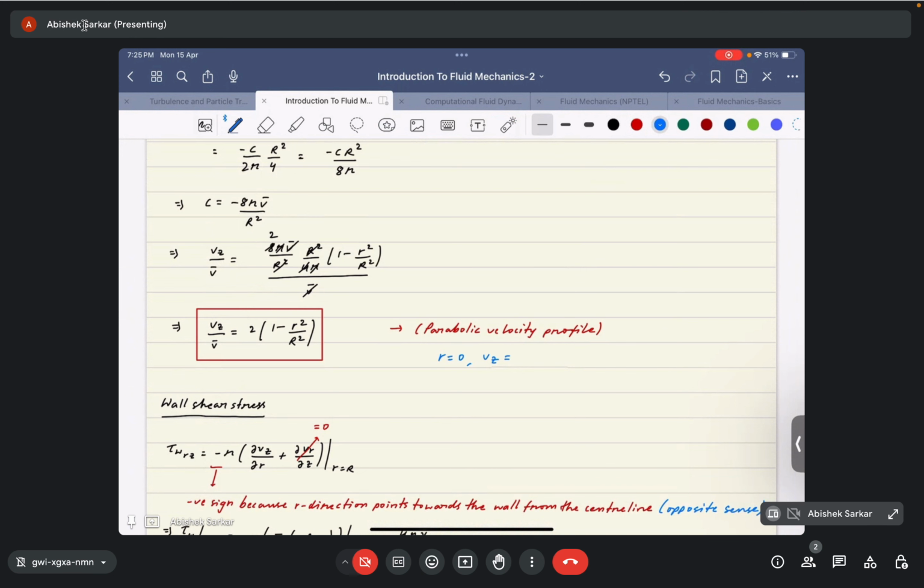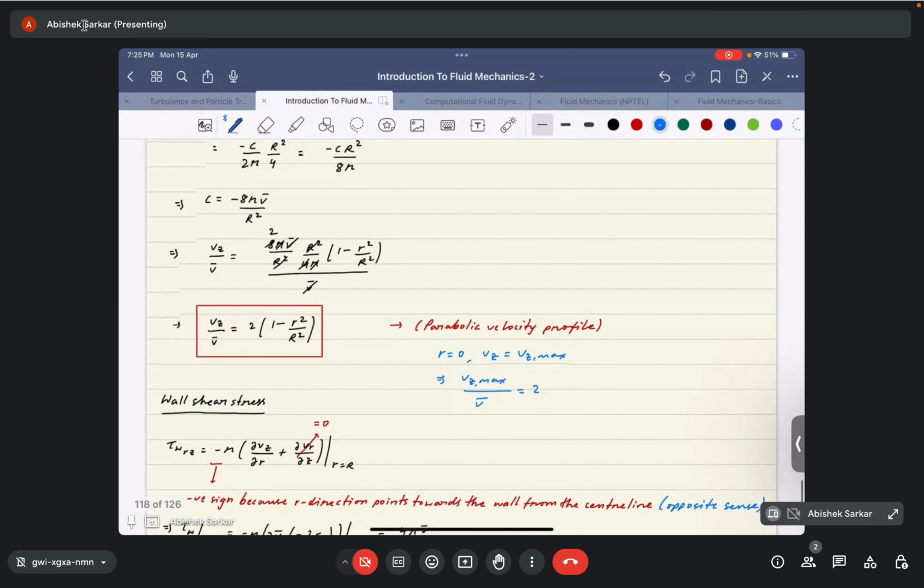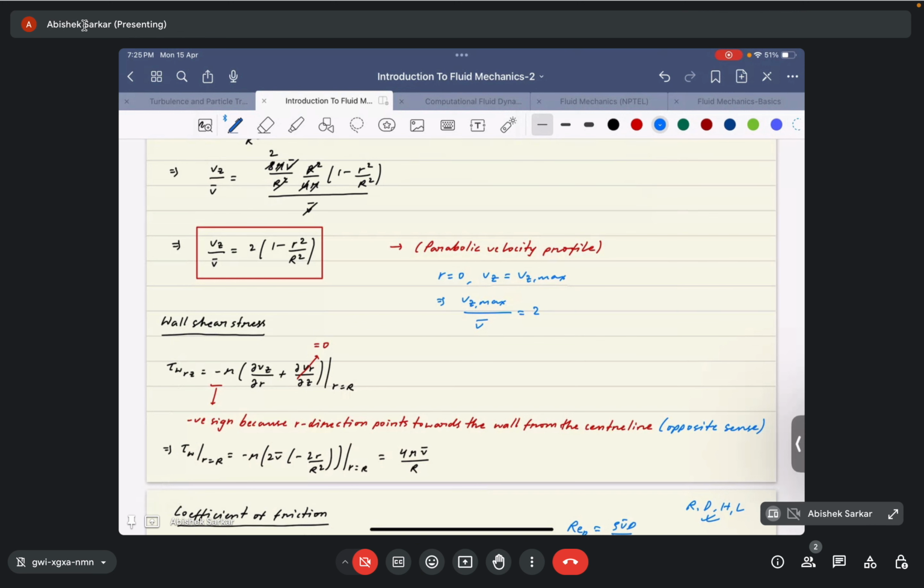Vz would be equal to Vz max, so Vz max by V bar is 2, or the maximum velocity Vz max is equal to 2 V bar. Or the value of the maximum velocity in the case of a pipe flow is 2 times its average velocity. Again, that's a very important conclusion.